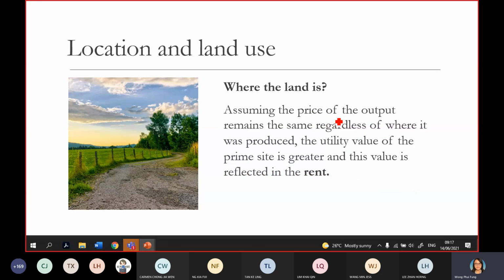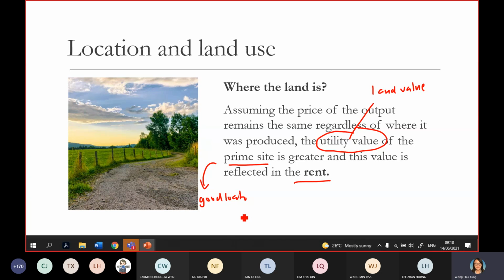Assuming the price of the output remains the same regardless of where it was produced, the utility value of the prime site is greater, and this value is reflected in rent. Utility value means the land value or land cost of the prime site, a very good location.